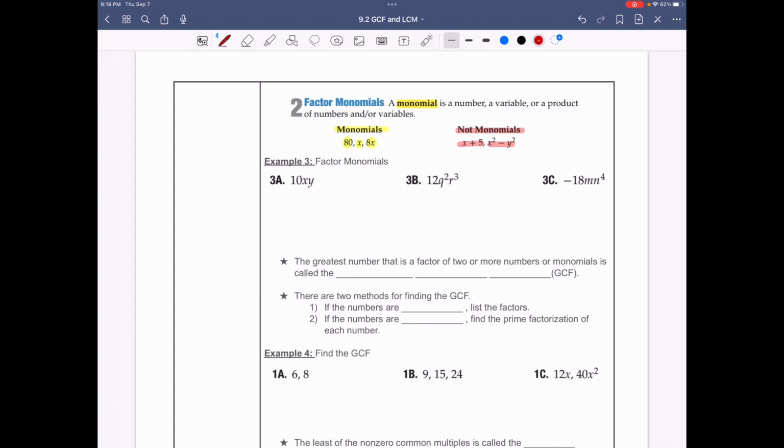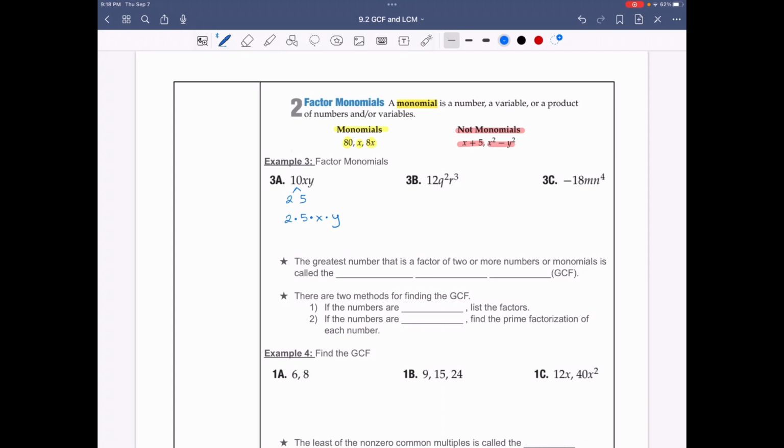Let's see how we factor these. 10 is 2 and 5. So we would write this as 2 times 5 times x times y.